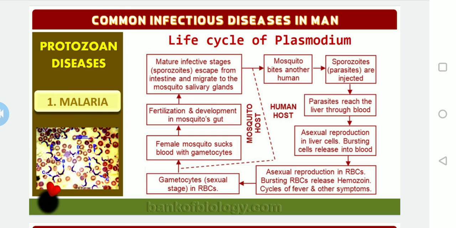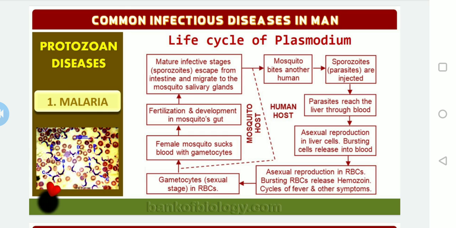Are you getting? The female mosquito takes up the gametocytes with the blood meal, gametes form, and fertilization takes place in the intestine of the mosquito. The zygote develops further and forms thousands of sporozoites which migrate into the salivary glands. When the mosquito bites another human, sporozoites are injected.